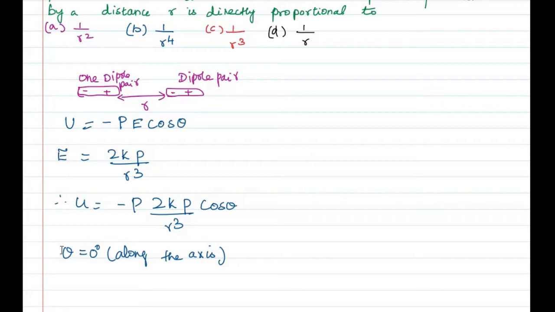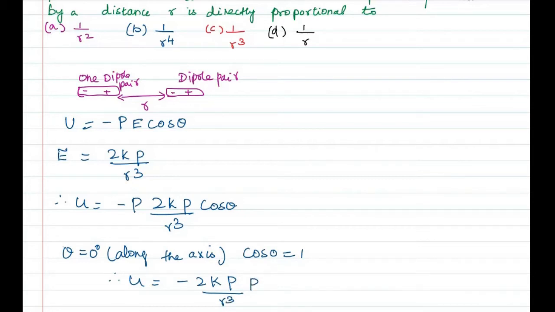Theta is equal to 0, therefore cos 0 is 1. So U will be equal to minus 2kP divided by r cube into P.